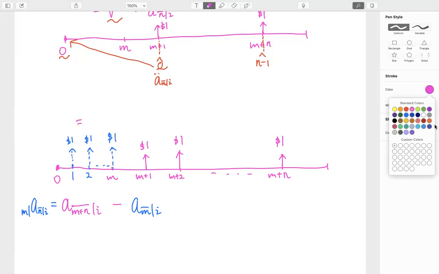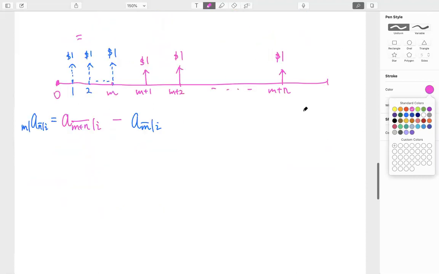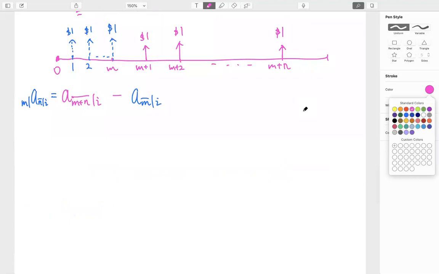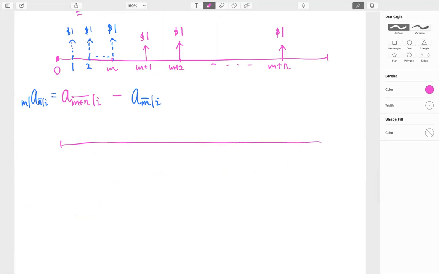What if I want to do one more step? That is, if I want to use annuity due, what would be the case? So again, draw a new timeline. So let me label everything to n plus 1. I have one payment, goes all the way to n plus n. I have the last payment here. Again, this is the original setup, right? I have $1 to be paid from n plus 1 to n plus n.